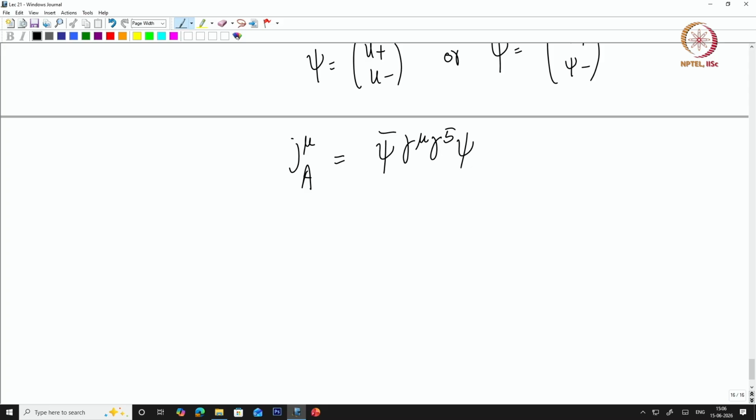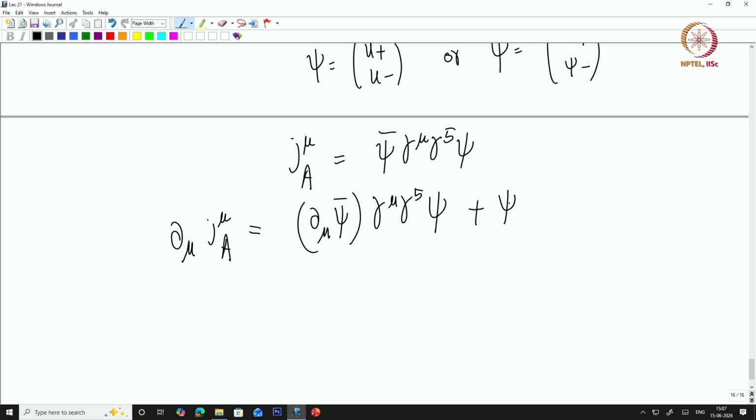Now apply the derivative of this current: del mu of psi bar gamma mu gamma 5 psi plus psi bar gamma mu gamma 5 del mu psi.